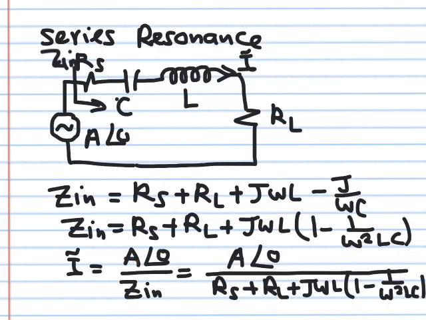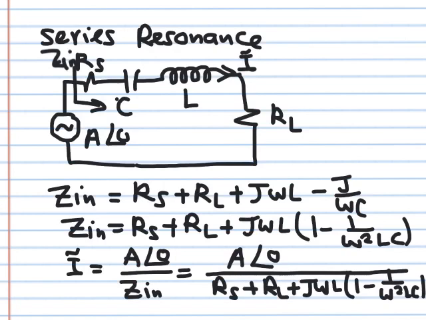I'm assuming my source to be A cosine omega t. But when we deal with phasors, the omega t term from the time domain doesn't show. We just say it's a cosine, its amplitude is A, and its angle is 0. So you divide this by the impedance Rs plus RL plus j omega L multiplying 1 minus 1 over omega squared LC. You'll notice something here.